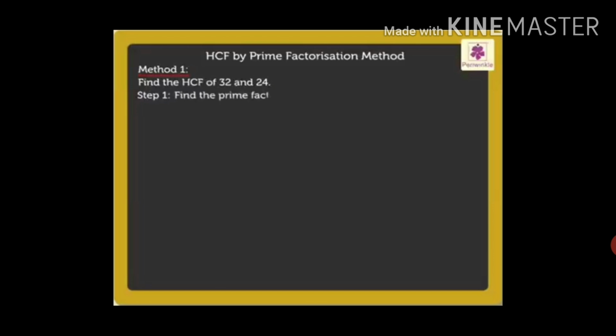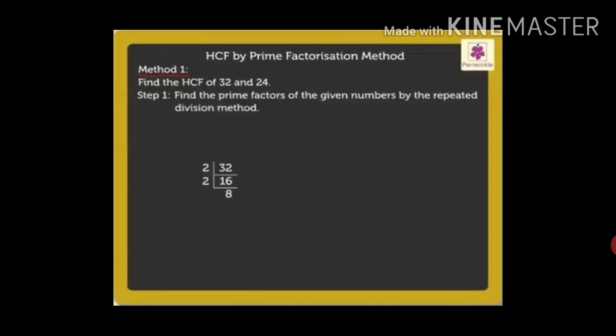Find the prime factors of the given numbers by the repeated division method. First, find the prime factors of 32. Begin with the smallest prime number 2. Dividing 32 by 2, we get 16. On dividing 16 by 2, we get 8.